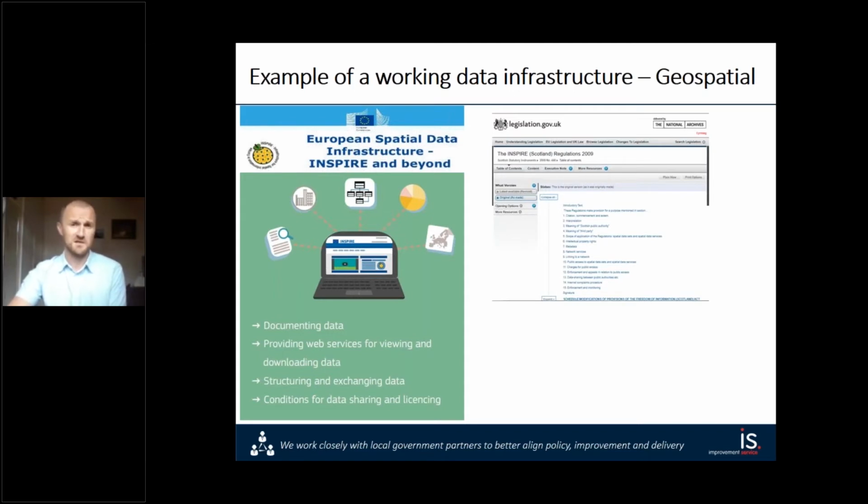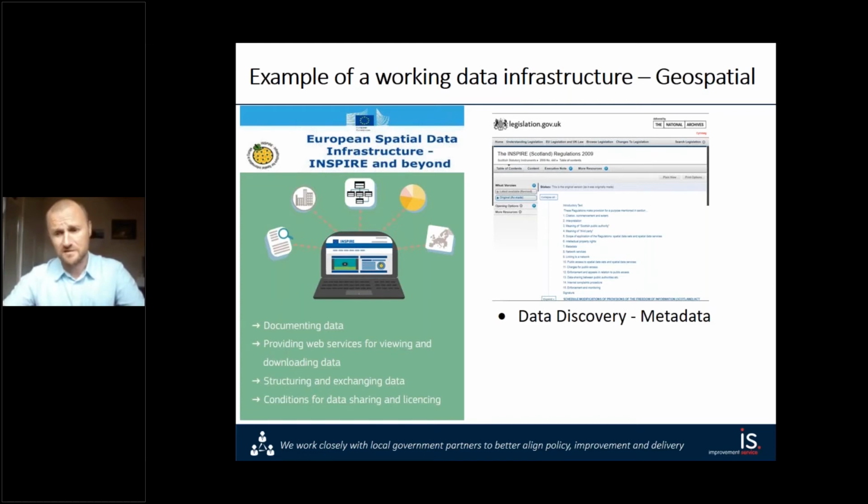And it's actually been written into Scottish law, so it's a legislative requirement that all public bodies should be doing this. However, it hasn't necessarily been enforced on people, which is why many people don't necessarily know about it and adhere to it. But what it is all about generally is making data more discoverable.